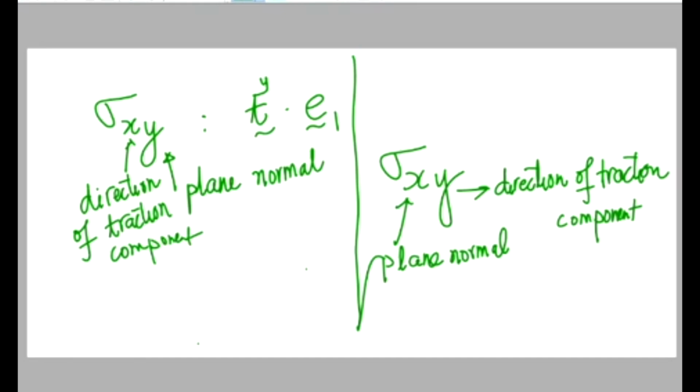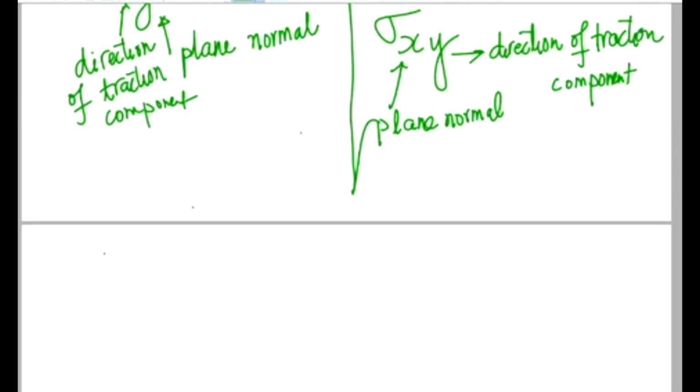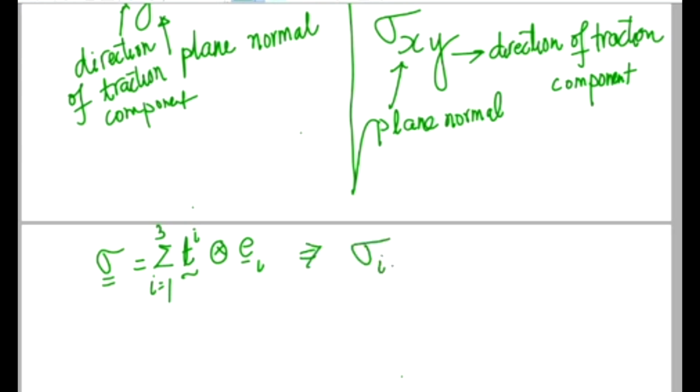So you can recall, for example, that the stress tensor sigma, we wrote it as traction Ti tensor product Ei, isn't it? And it was a summation for i equal to 1 to 3. So when you write this in the matrix form, then you actually see that sigma ij is Tj dot Ei.